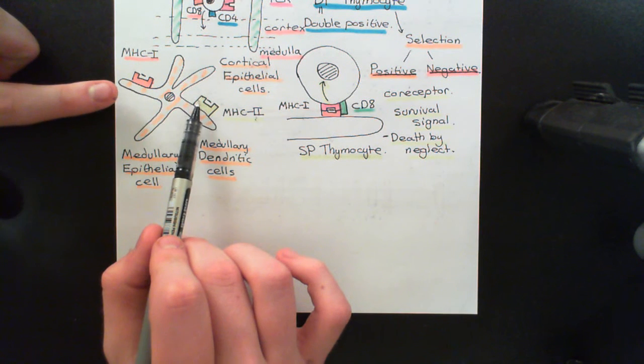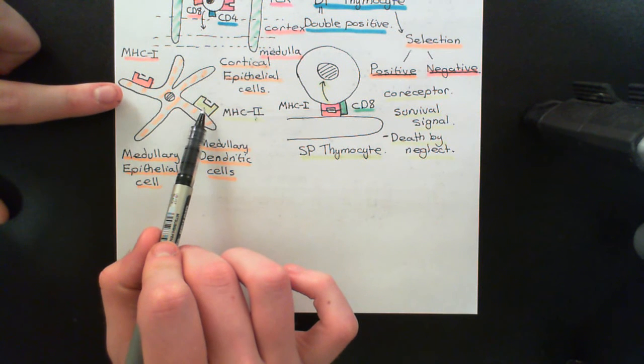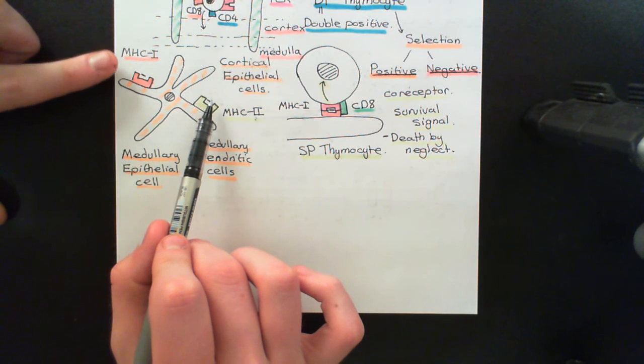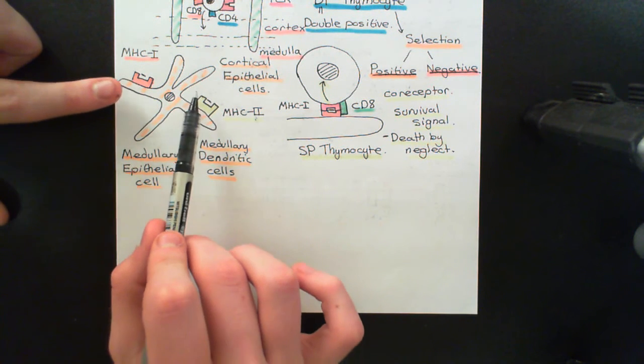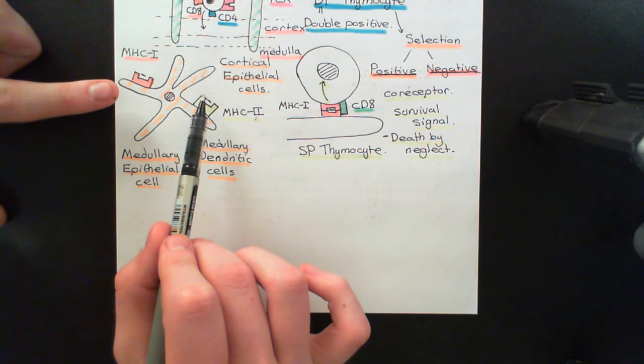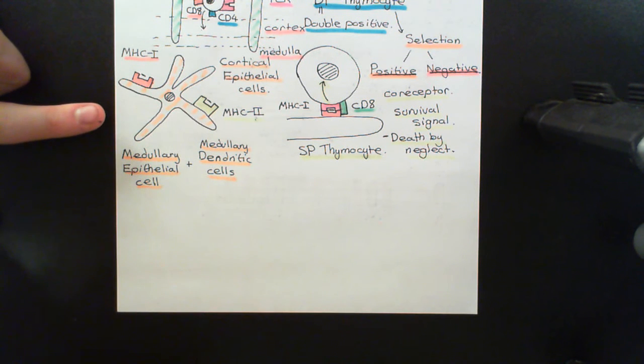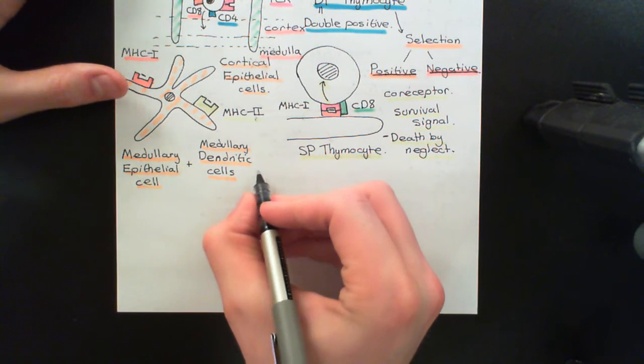And again, these cells are going to put on their surface MHC class 1 complexes and MHC class 2 complexes with peptide fragments in. And again, these peptide fragments are going to be self-peptide fragments. And you might say, well, what on earth is the point of this? It's just exactly the same as before. No, there is a difference here, and I'm about to tell you what that difference is.